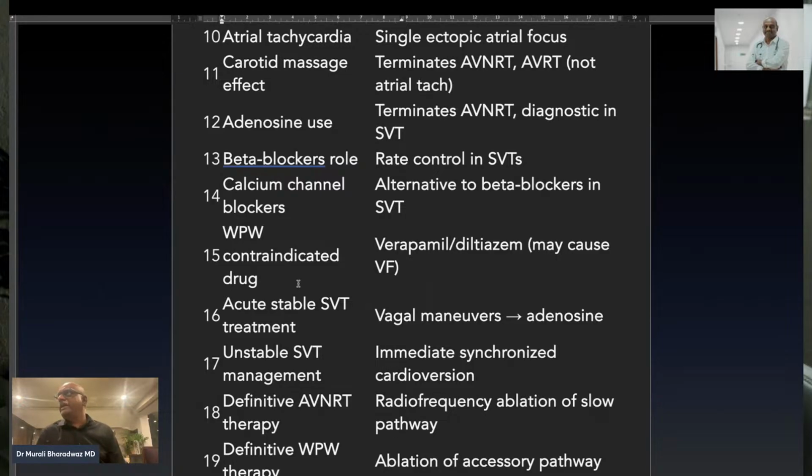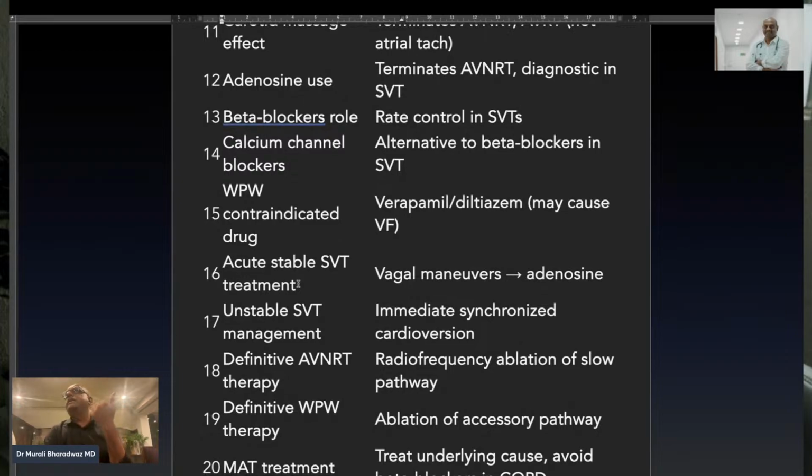Typically for SVT, the treatment is carotid massage. If it is Wolff-Parkinson-White, it has no effect, because that is bypassing the AV node. What is the point in creating refractoriness in the AV node by stimulating the vagus? That's the point. So adenosine is the drug of choice to terminate the SVT.